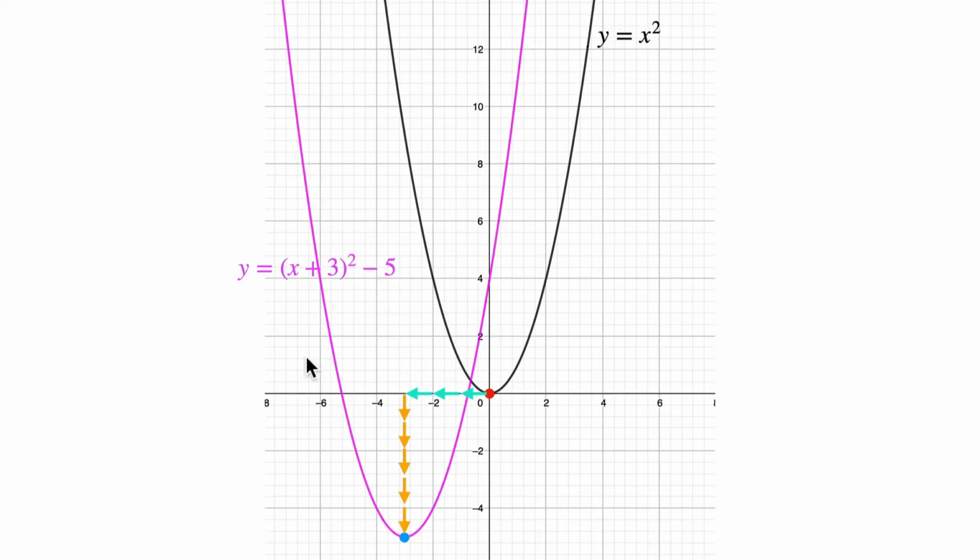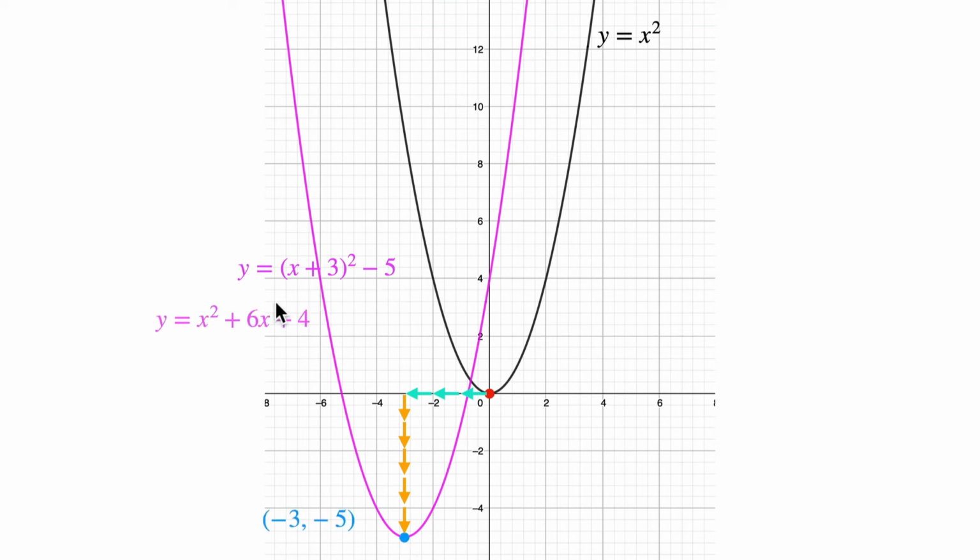And now, an even more interesting example. If you have a combination of 2 movements, 3 steps to the left and 5 steps down. You see, 3 to the left, 5 down.